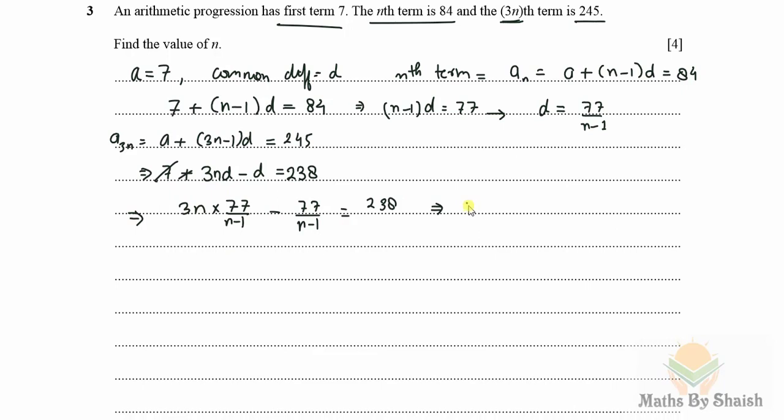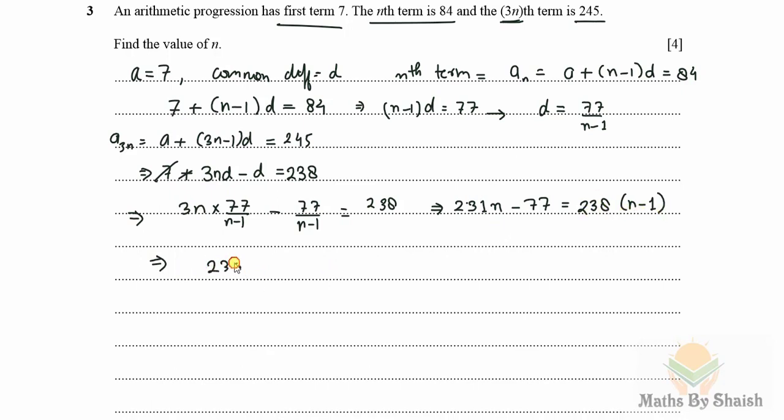It is 3 7s are 21, into 11, 21 into 11 is 231, times n, equals 238 times (n - 1). So we will simplify for n now.